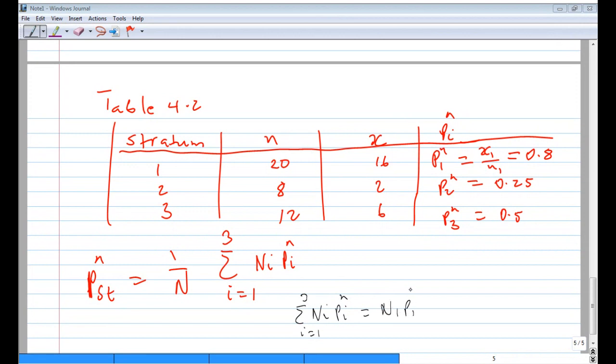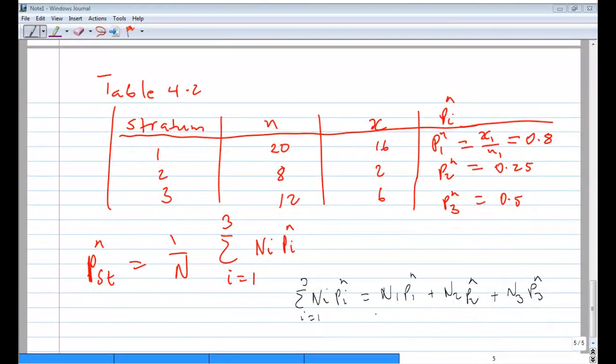N1 P1 hat, N2 P2 hat, N3 P3 hat. And then you give me the answer. The answer there. Can you do that? I got 154. 154. Okay. So we said you get 154.